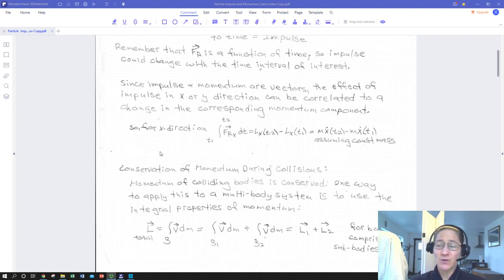In many cases, we'll be backtracking using what we know about a system to calculate pre and post force interaction momentum and use that to infer the impulse that must have been delivered by that force, or decide what the maximum force can be given the time of interaction. There's a lot of different ways we can approach problems depending on what we need to know.